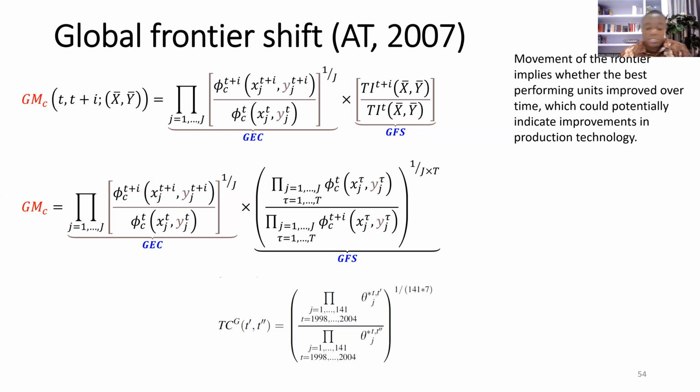Yeah, that's it. So note that the global frontier shift gives you a single score, because it's measuring movement of frontiers, whether a particular frontier is performing better over time or not. And this could potentially indicate improvement in the technology.